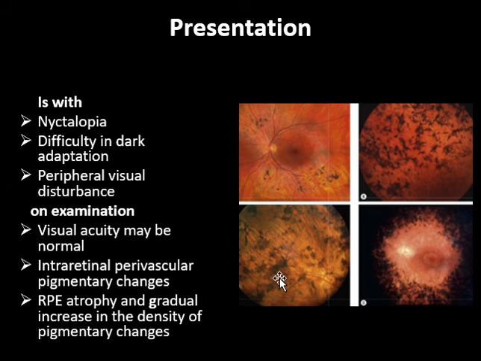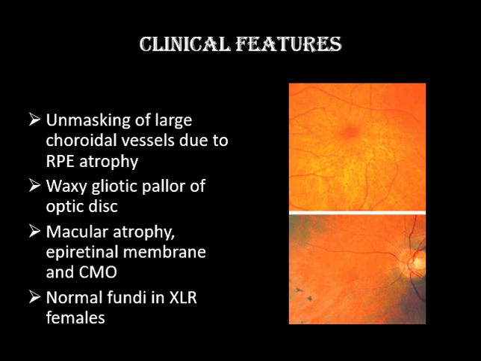Here we can see the pigmentary changes are increased, and we can see the large choroidal vessels. These are the large choroidal vessels that we can see in advanced cases or advanced disease. I have already discussed this one, unmasking of the large choroidal vessels due to RPE atrophy.